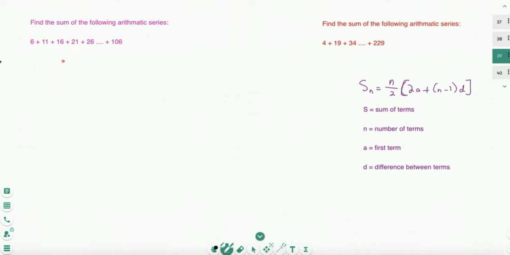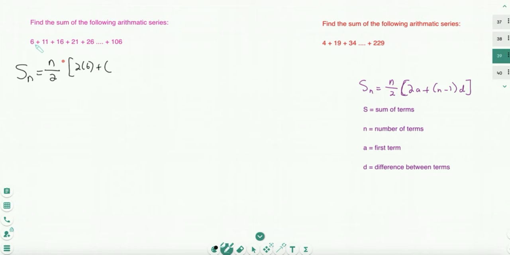So we're trying to find the sum of, we don't know how many terms there are yet. We're just finding the sum between 6 all the way to 106. The number of terms over 2, brackets 2 times the first term, so 2 times 6, plus n minus 1 d.